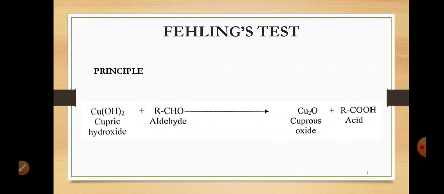This particular test is given by all monosaccharides, maltose and lactose. Keep it in mind, this is very important. This test is given by all monosaccharides plus maltose and lactose, which are disaccharides.